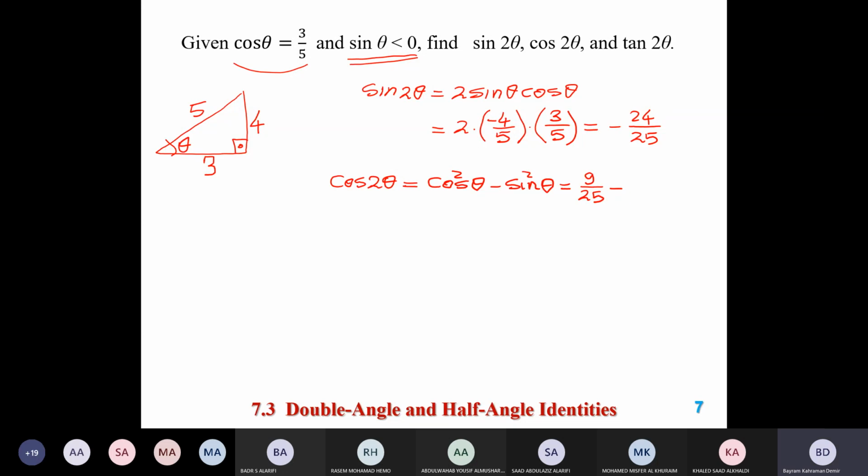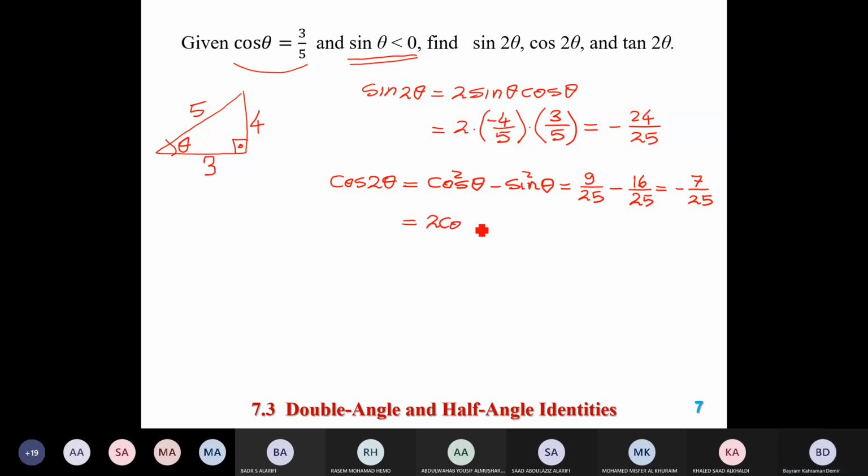Sine is negative, but square will be positive, of course. So it will be 16/25, which is equal to negative 7/25. Correct, Shabab?